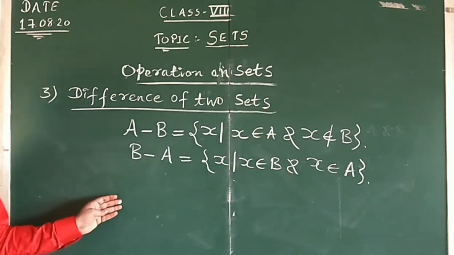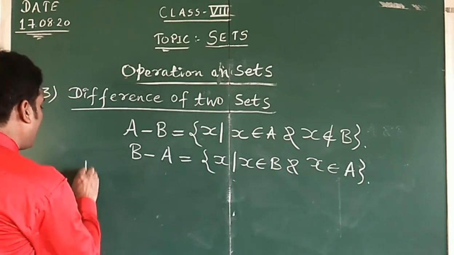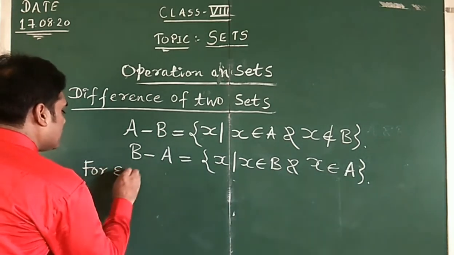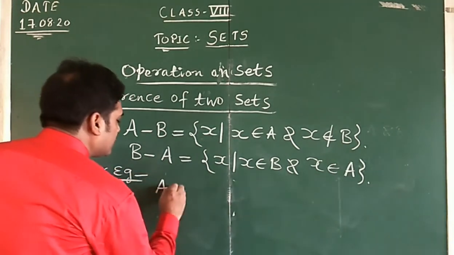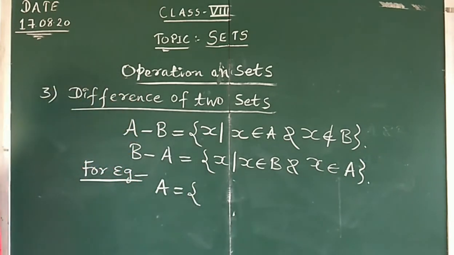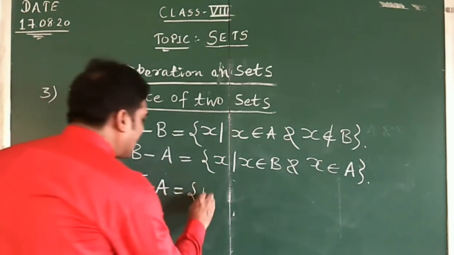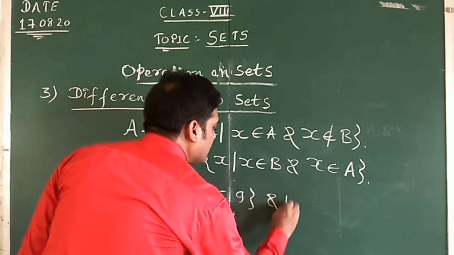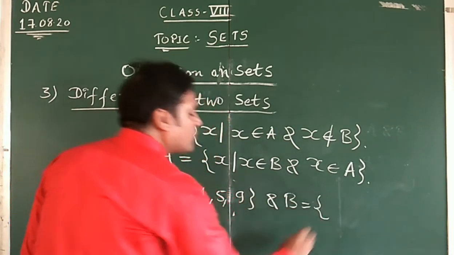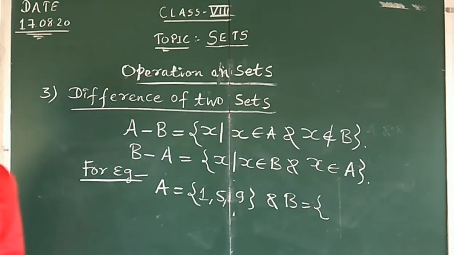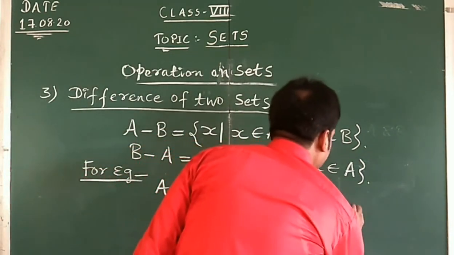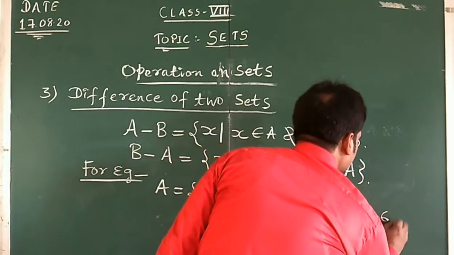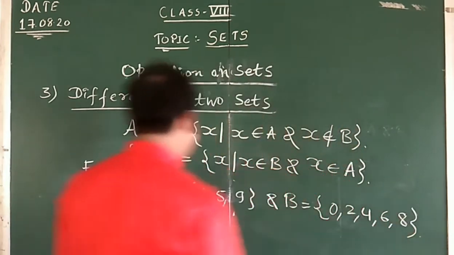I will explain with the help of an example. Suppose A is {1, 5, 9} and B is {0, 2, 4, 6, 8}.